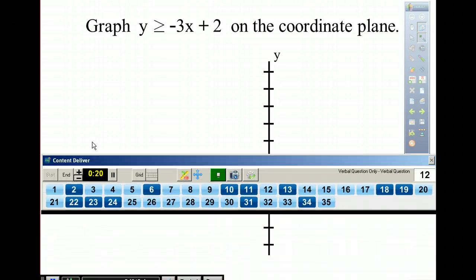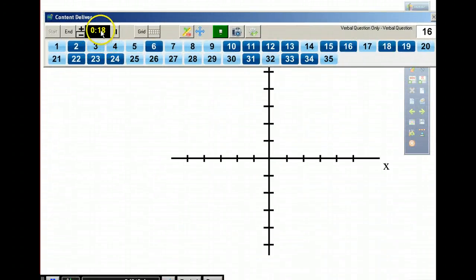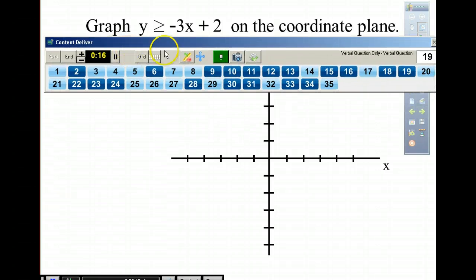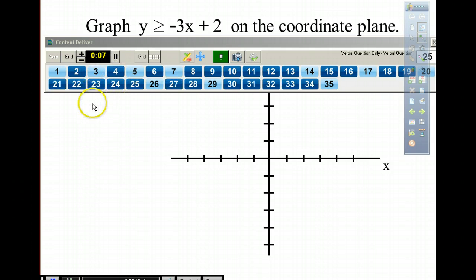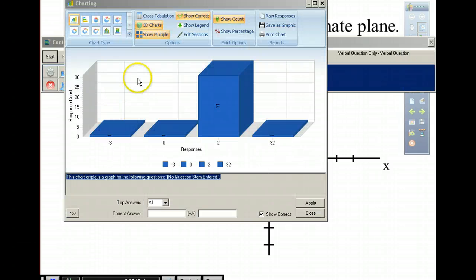You have 19 seconds to put your answer in. What is the y-intercept of this inequality? Now, if you don't get an answer in, that's like a 0 for that question. You don't get points. Yes, this does count on your grade. You have to pay attention and understand what you're supposed to be doing and keep up with the class.